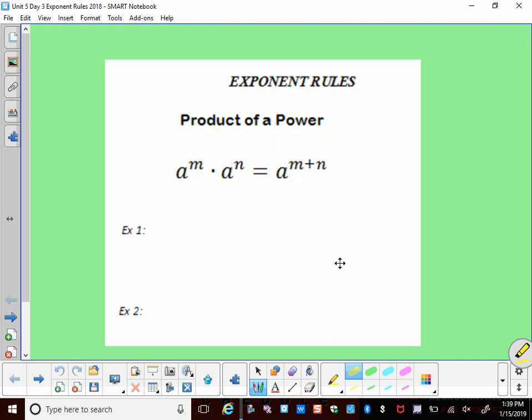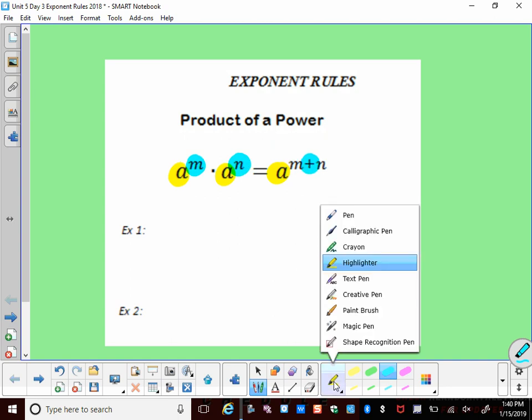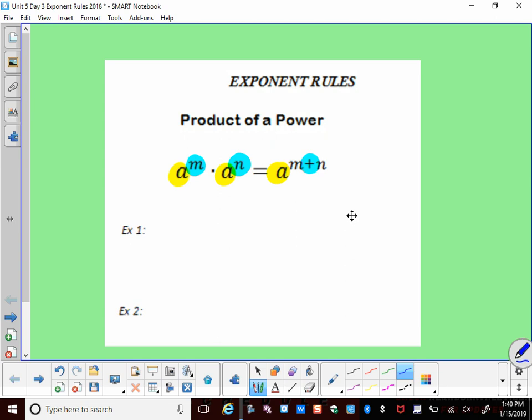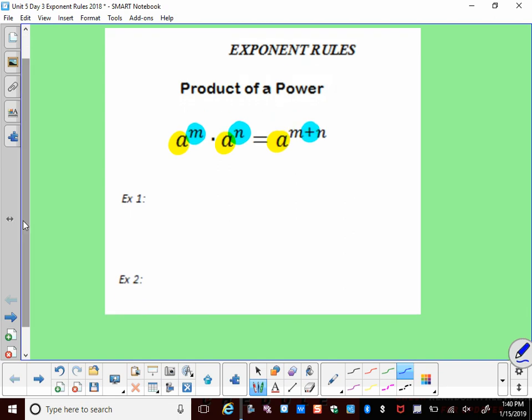What we're doing here is we see that we have a base of A, correct? If we have the same base, that means we look at our exponents and we are going to add them. Okay, if we multiply the same base, we add our exponents. So an example would be p to the third times p to the fourth.